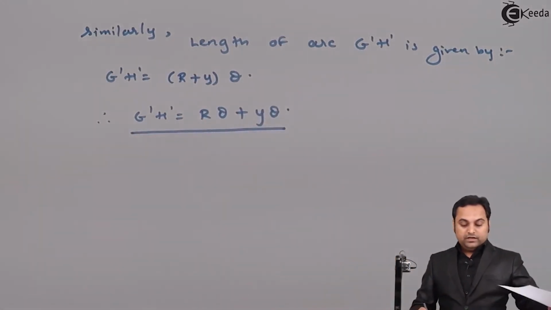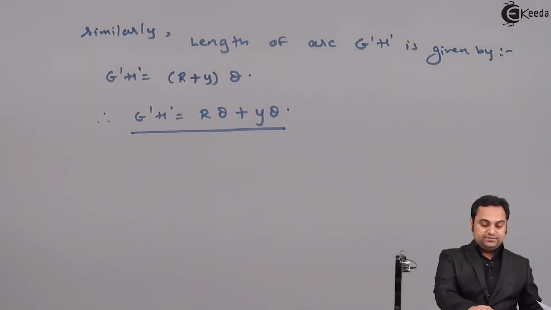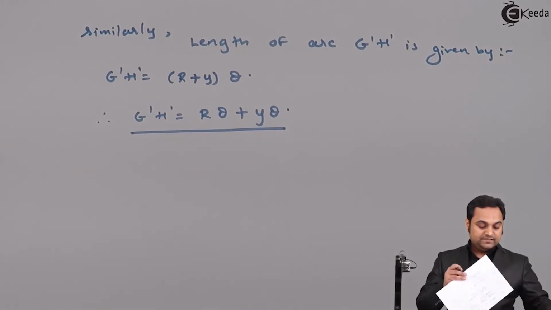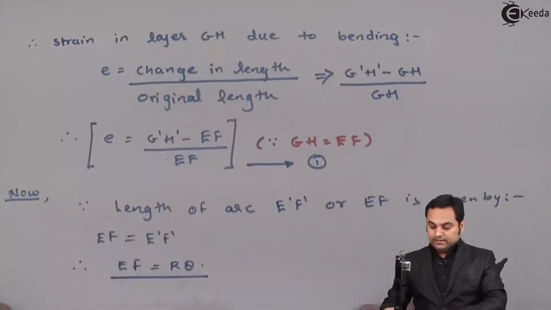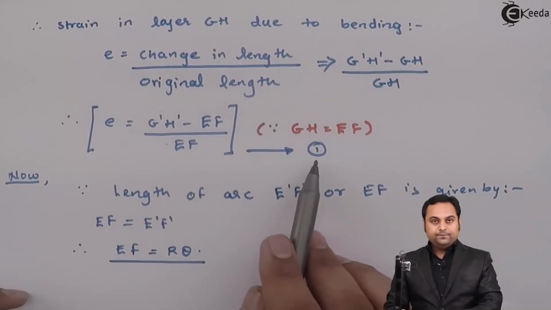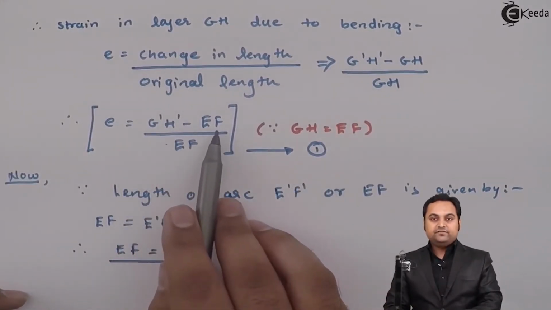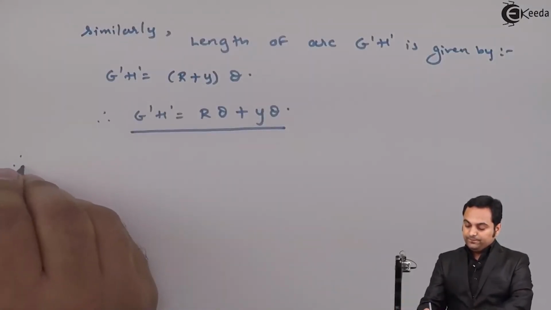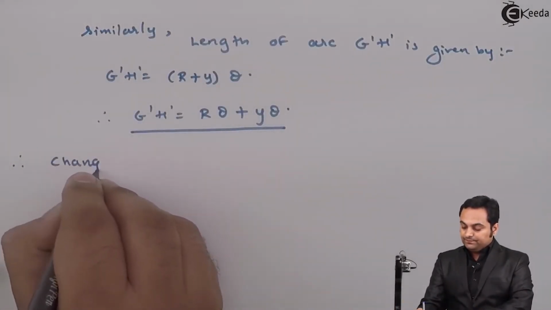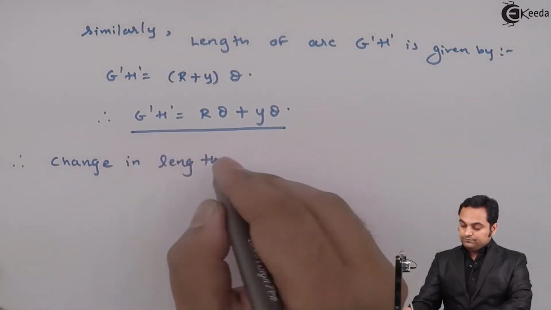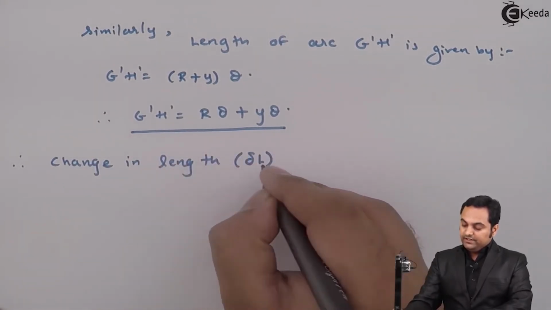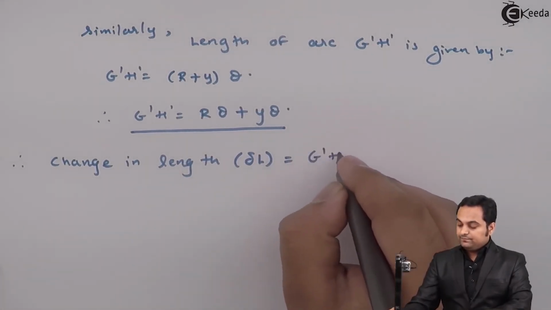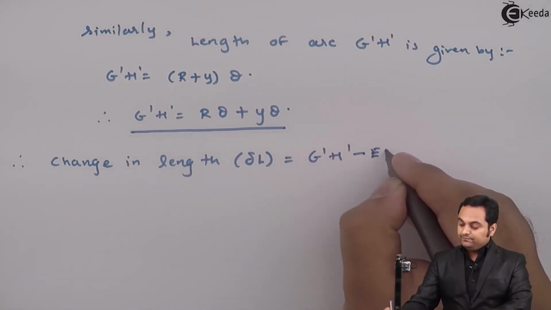Now after reaching this stage, therefore I'll say that in equation number 1, G dash H dash minus EF represents the change in length. So the change in length, denoted as delta L, is equal to G dash H dash minus EF.